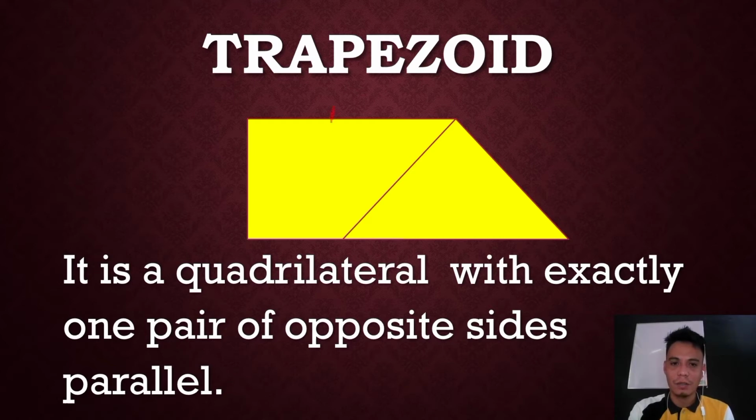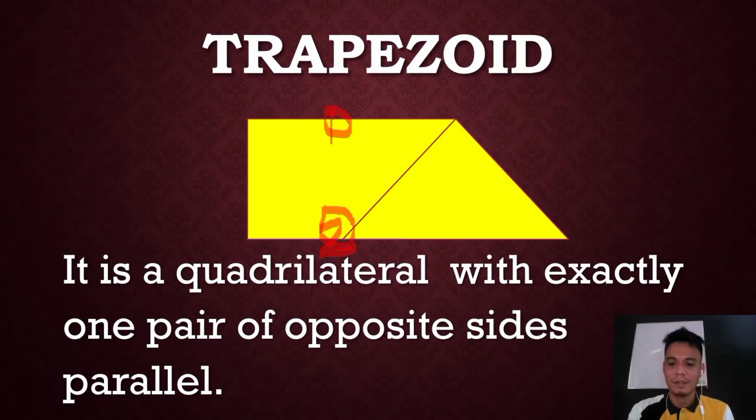Ito na area, at saka ito. Kung nakita nyo, guys, ayan, itong side na to. So, yan lang po yung isang pares ng side niya na parallel. So, kung nakikita po natin yung magkabilang side, hindi po sila parallel, no? Yung isa nakatayo, yung isa pahilis. So, yun po yung trapezoid natin.